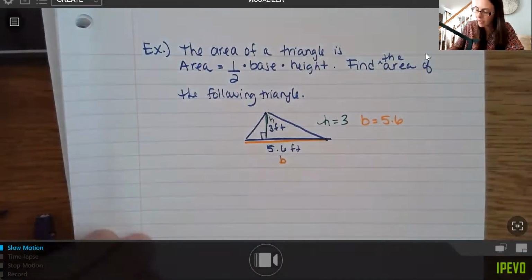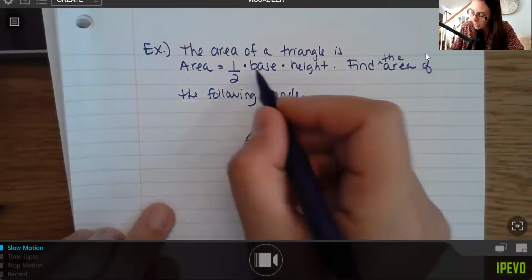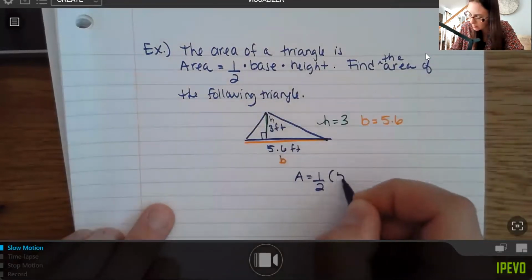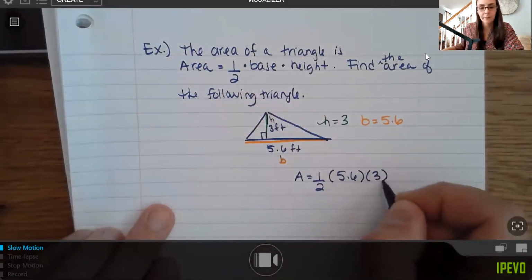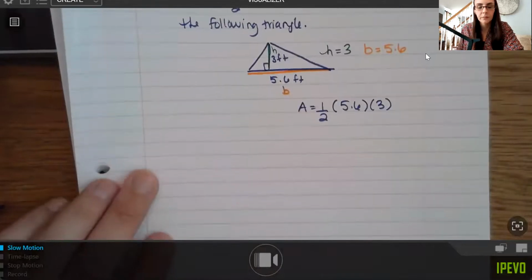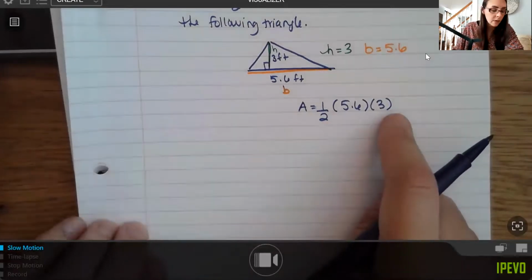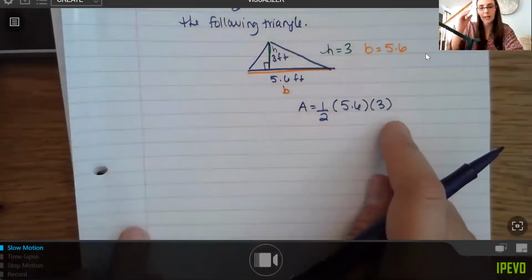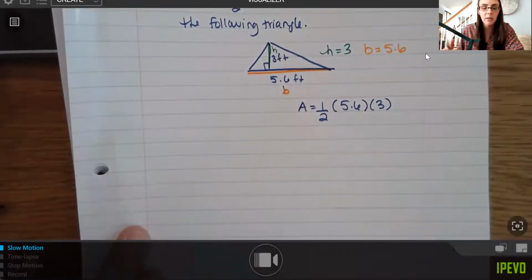So to find the area, I'm just going to take my formula. It's 1/2 times the base, so times 5.6, and then multiply it also by the height, which is 3. Now, it doesn't matter the order in which you multiply because it's all multiplication, and multiplication is commutative. One thing I will note, though, it is kind of hard to multiply with decimals and fractions together, although you can do it eventually.